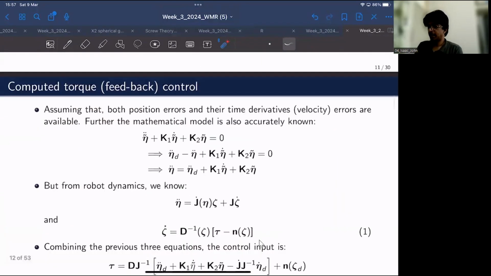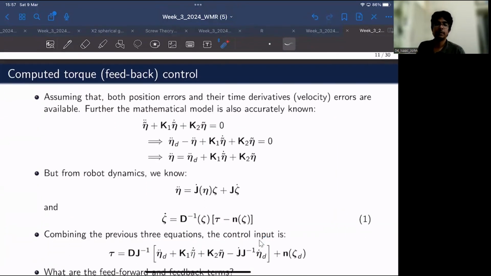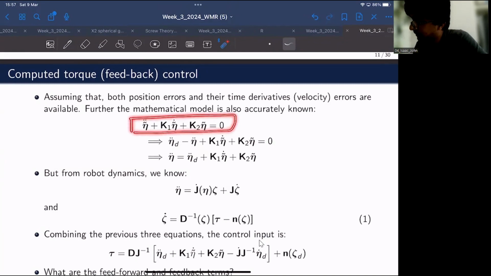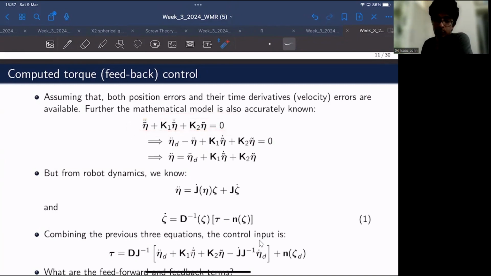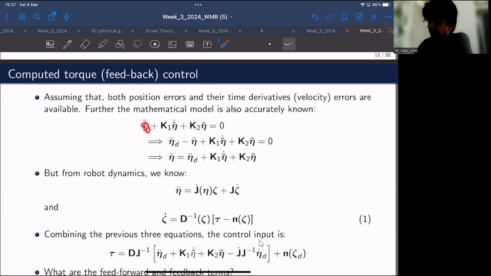So this is where the closed loop dynamic control, or the feedback dynamic controller, comes in. Just like what we did in the case of the velocity controller, here we want the robot to behave as per this second order differential equation, where the dependent term is eta tilde. Eta tilde is nothing but the difference between the desired and the actual coordinates.